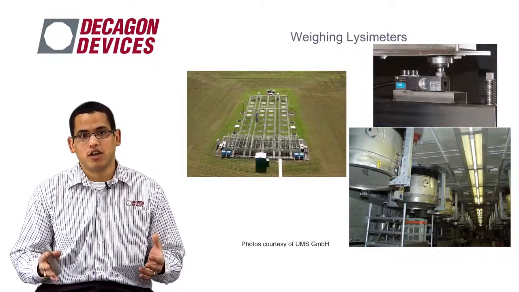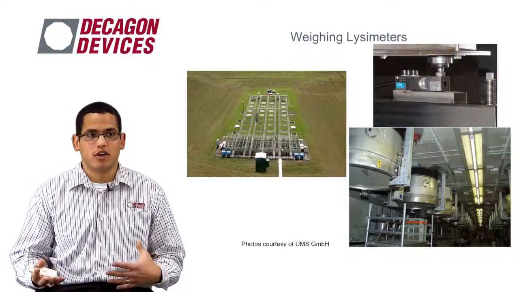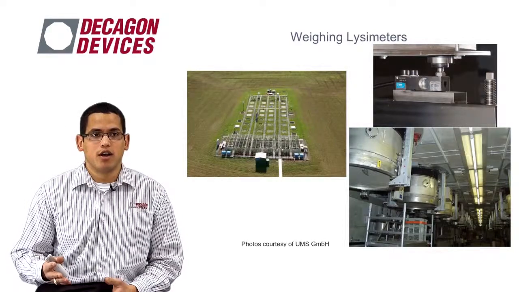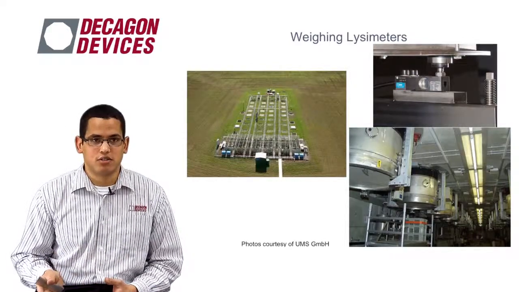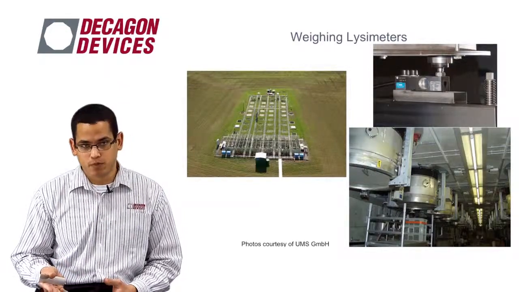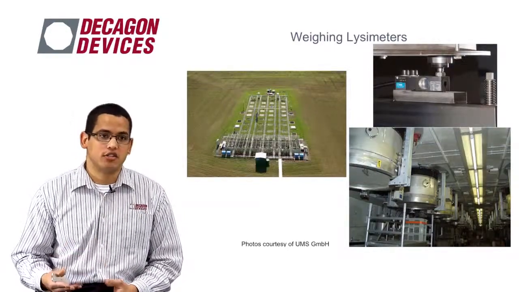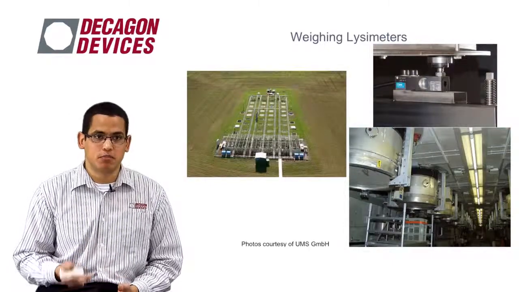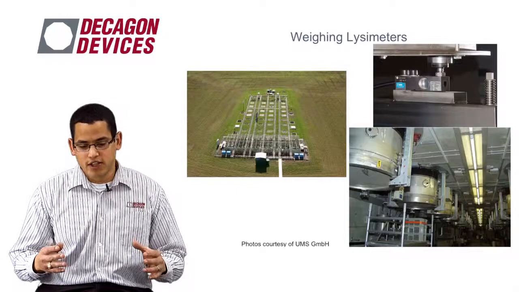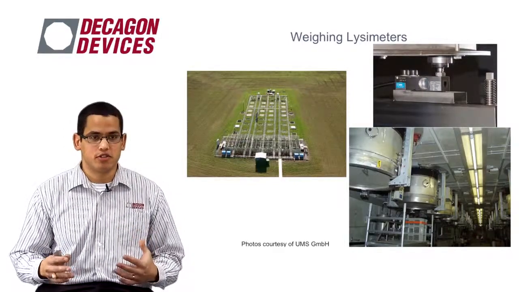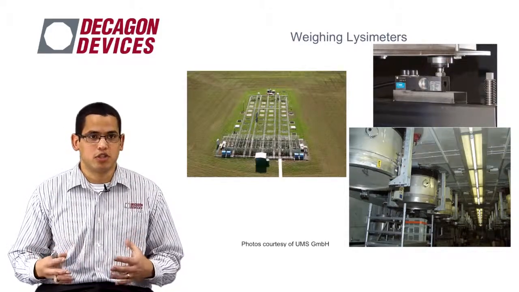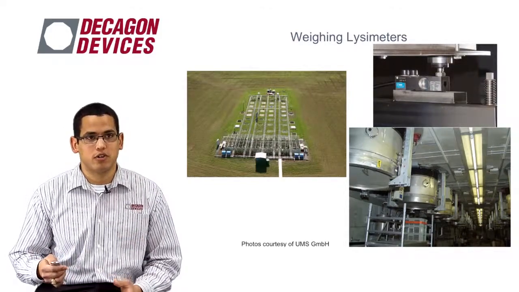If you see in the picture in the bottom right-hand corner, if they ever need to make any sensor replacement within the lysimeter or do any maintenance to the lysimeter, it's very simple for them to just lower the lysimeter into the facility and change the sensor out or do any maintenance, and then push it right back up into its cavity. Now, there have been some issues with these types of large facilities, especially when it comes to temperature dynamics, and we'll talk about that here in a little bit.